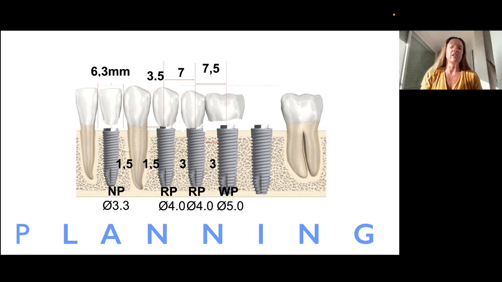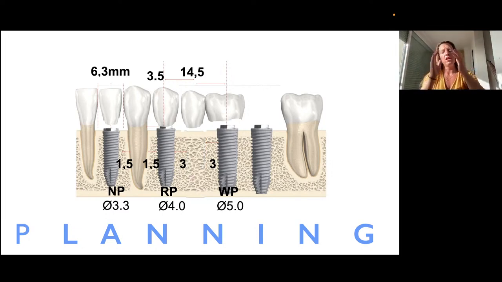So now imagine that it's very, very common that for a 3-unit bridge I only do 2 implants. If this is the case, I just have to sum up the 7 plus 7.5, and from where I started drilling for my first premolar to where I drilled for the first molar, we have to measure at least 14.5 millimeters.